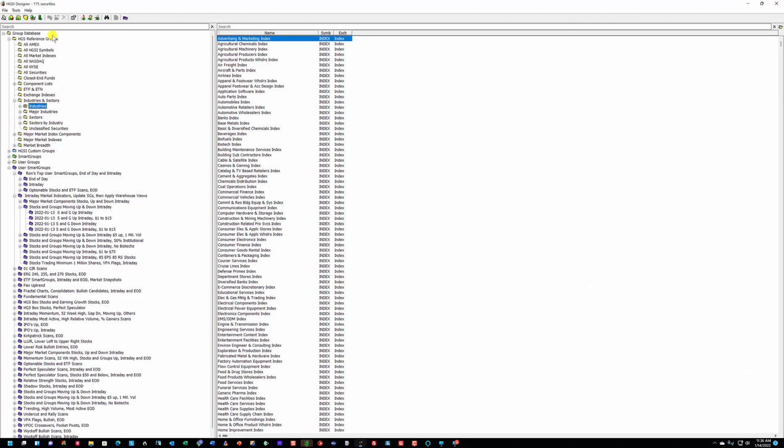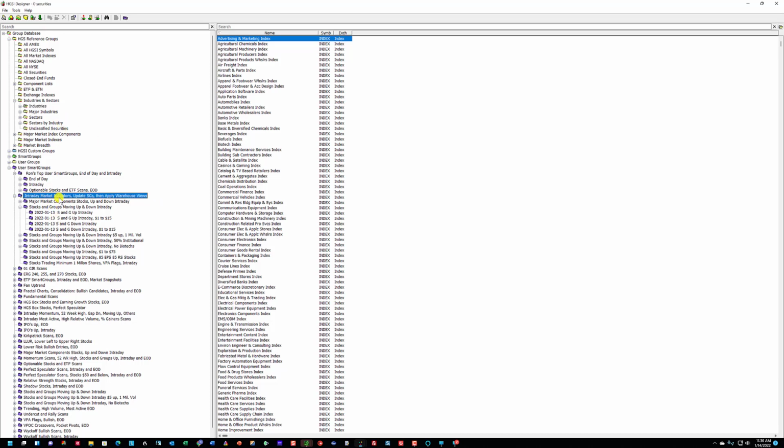I'm going to go to my industries. I'll go under tools. I'll rebuild indexes in group. It's rebuilding all of these indexes, and they're being updated with current stock information because Thinkorswim, as you saw, is running in the background, and I'm updating every 5 minutes.